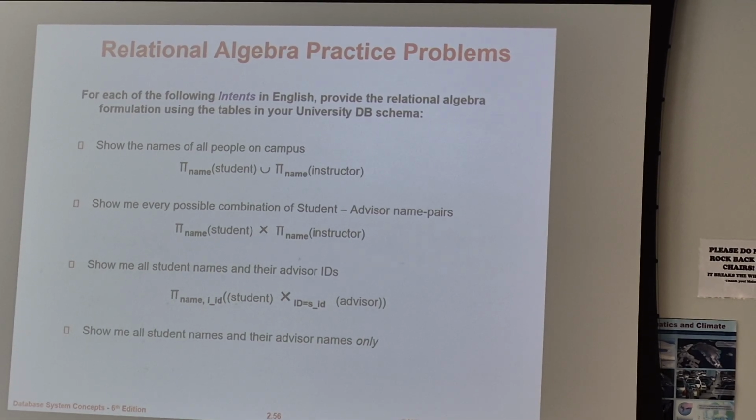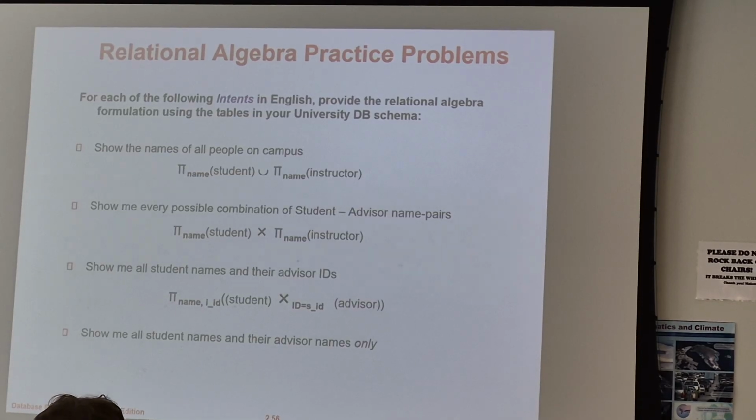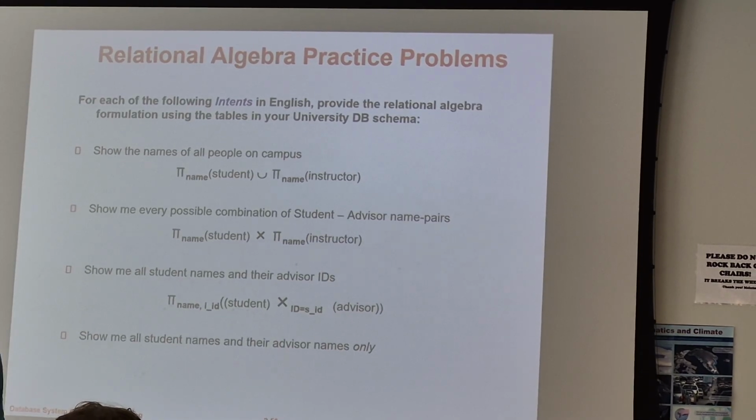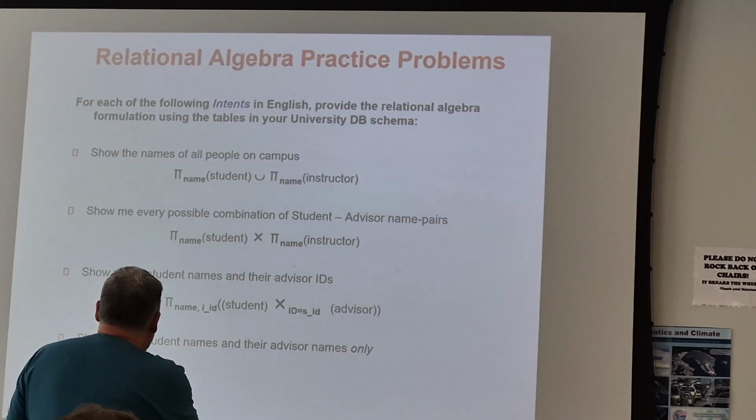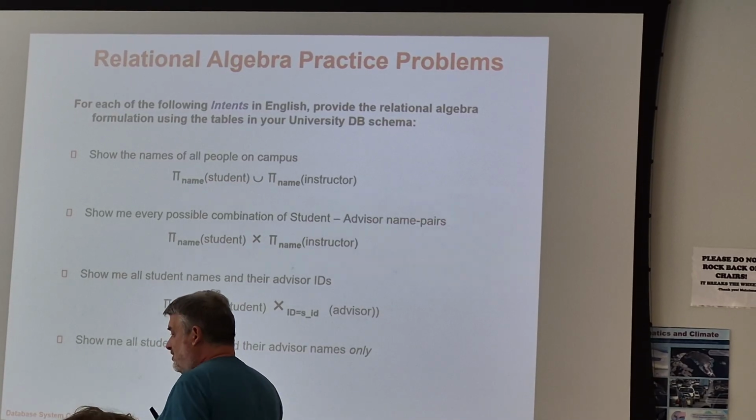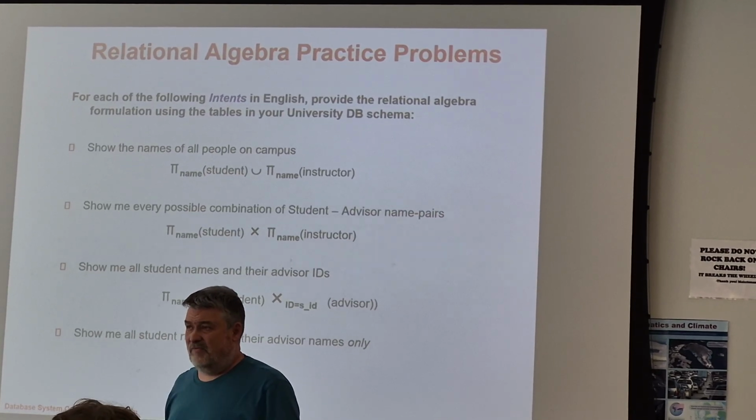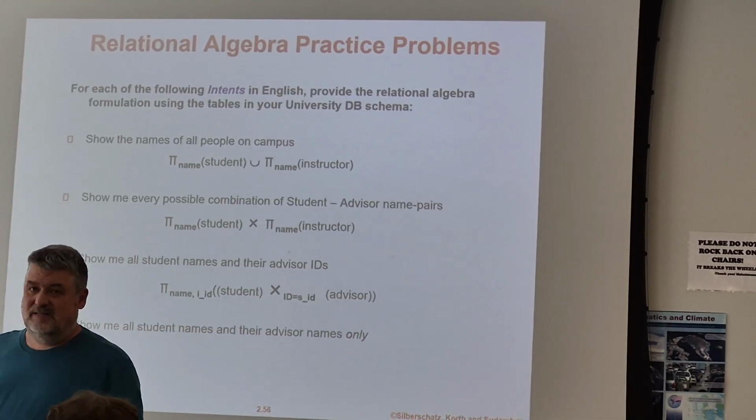But if you want student names and advisor names and none of the other columns, you don't need to know the advisor's salary, you don't need to know the student's GPA or whatever that 4th column is in the student table.